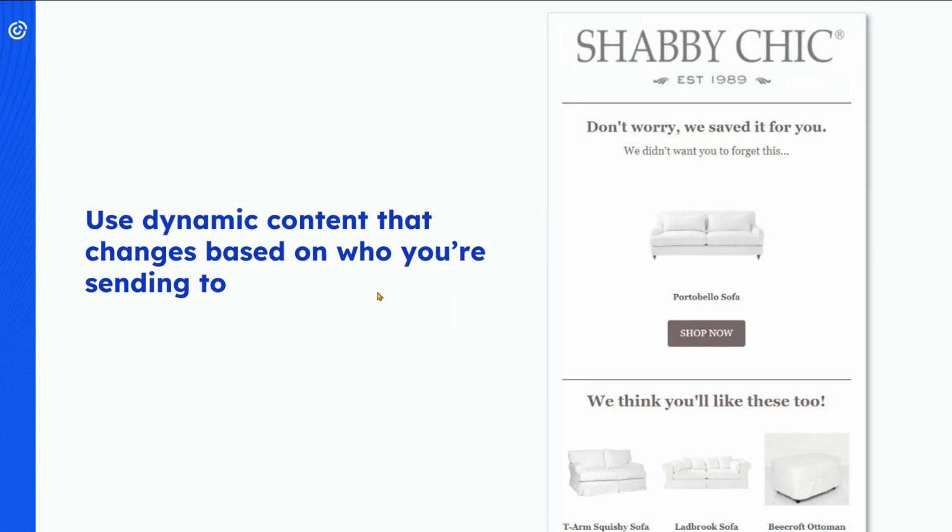So dynamic content can be extremely powerful inside of automations because you can set it up where if somebody wanted to sign up, and let's say you wanted to customize the email by state that somebody's in, make that a required field on the sign up form. That's like the entry point for their automation. So from here, using dynamic content can help you customize your emails based on what that person was shopping for.